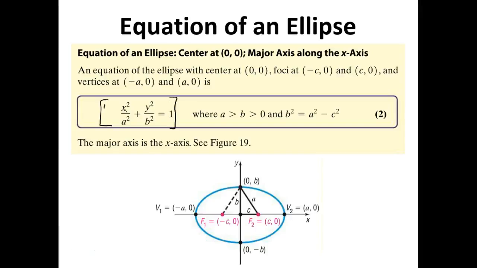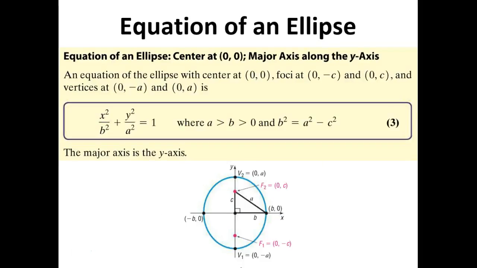What this is saying is that what's underneath the x, if it's elongated this way along the x-axis, that's going to be the larger bottom. So whatever has the larger bottom, that's the way that it's elongated. And b squared is equal to a squared minus c squared. So if we know what our two vertices are, and we know what our foci are here, then we can go ahead and find where that point there is, which is what this last part is saying.